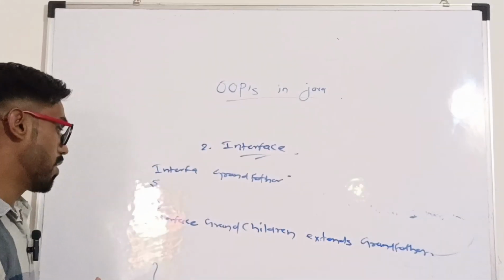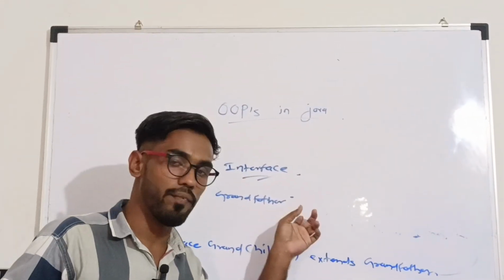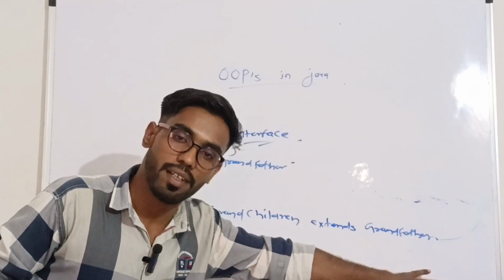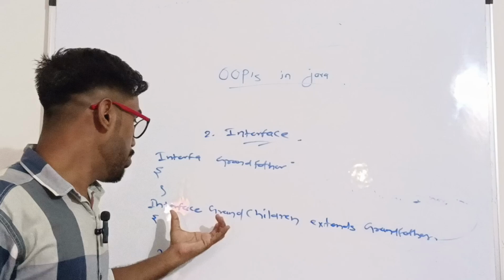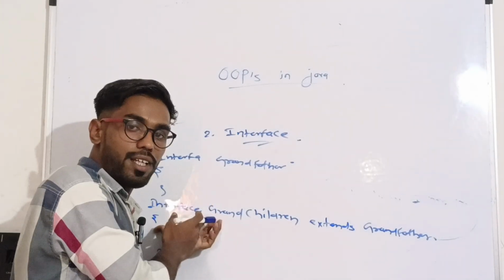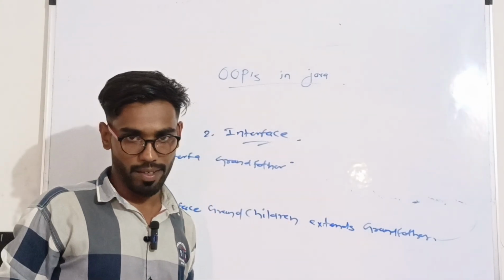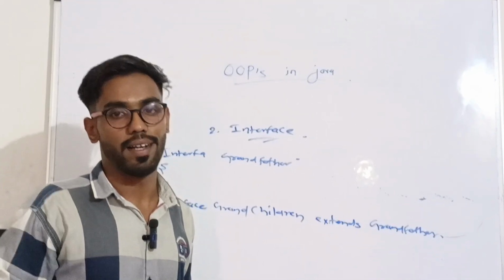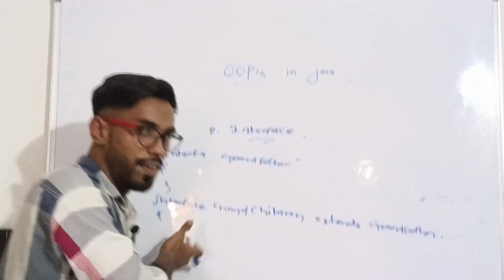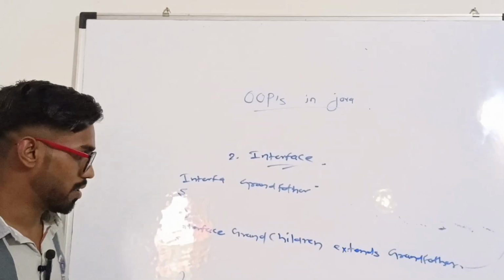We can extend the grandfather as well as the father if there is another interface. An interface is incomplete, so we are responsible to create another class and implement that interface in that particular class.